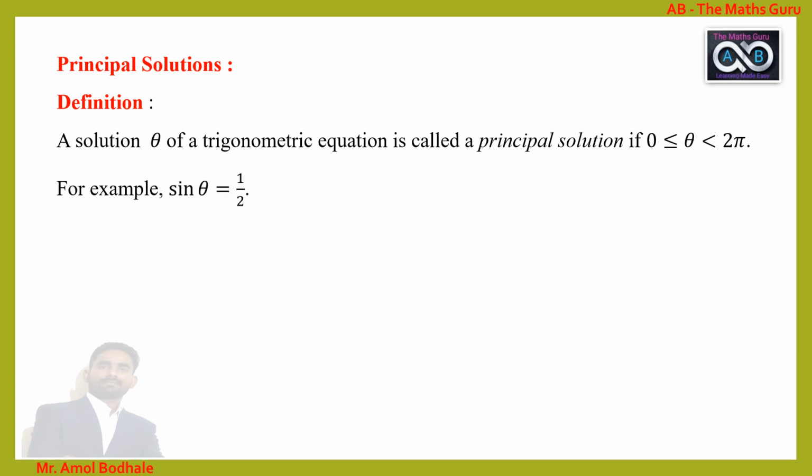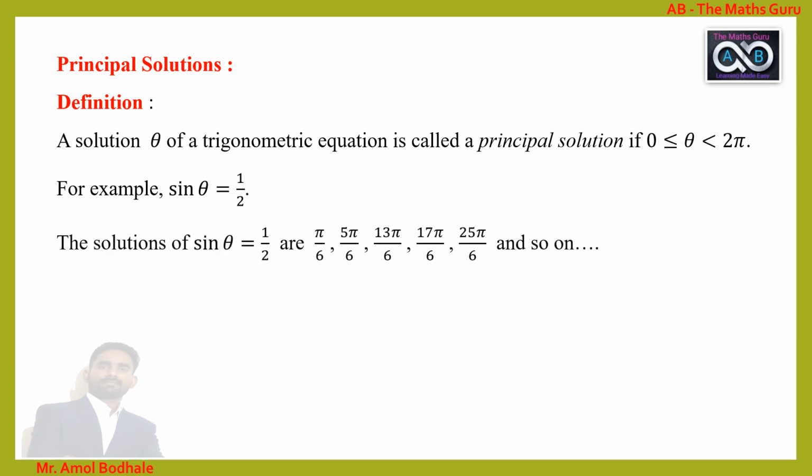Let's see the example. If we consider sin theta equal to 1 by 2, already we have seen the solutions for this sin theta equal to half are pi by 6, 5 pi by 6, 13 pi by 6, 17 pi by 6, 25 pi by 6, and so on.